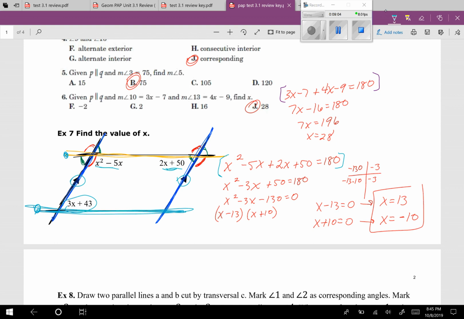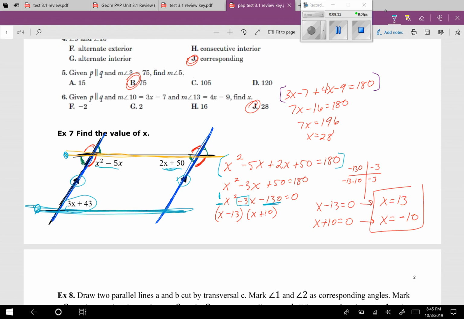And in order to factor this, we have to take c, so negative 130, and we multiply by a, which is 1. So 1 times negative 130, that's negative 130. And then we're going to find factors of a times c, this negative 130, and they have to add up to negative 3. So right off the top of my head, I say, oh, okay, if I do negative 13 times 10, I get negative 130.